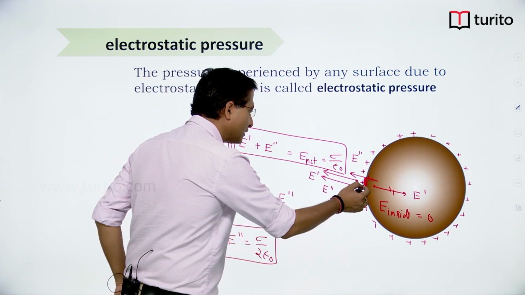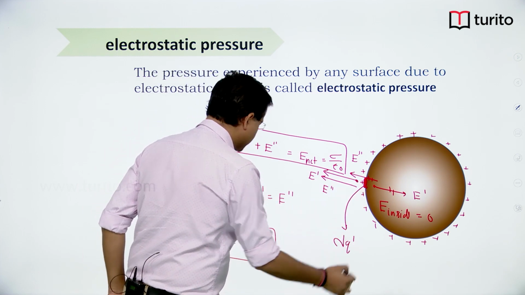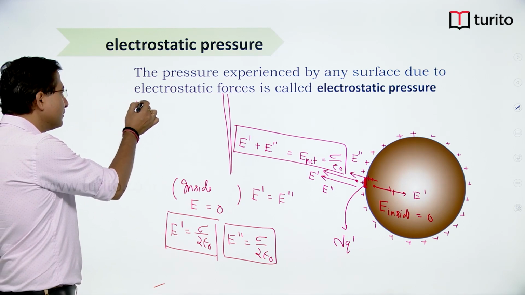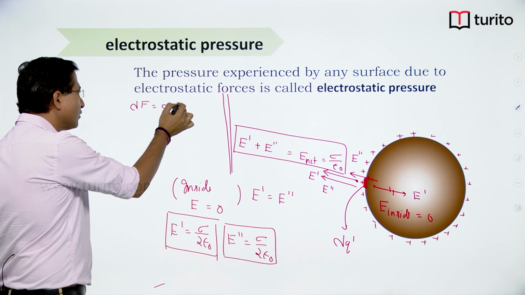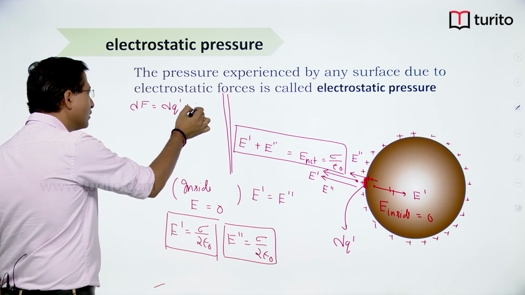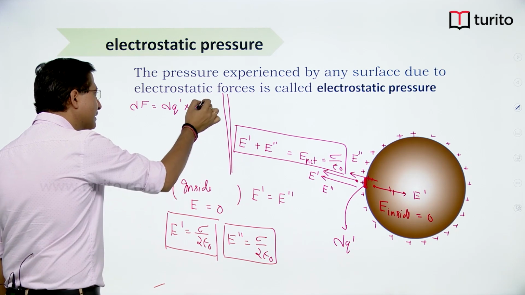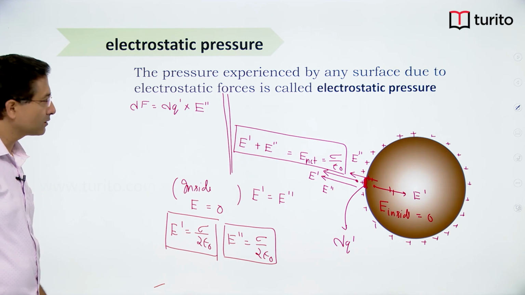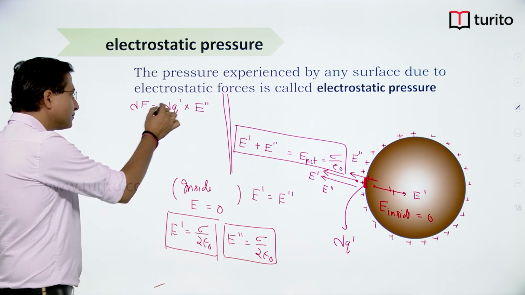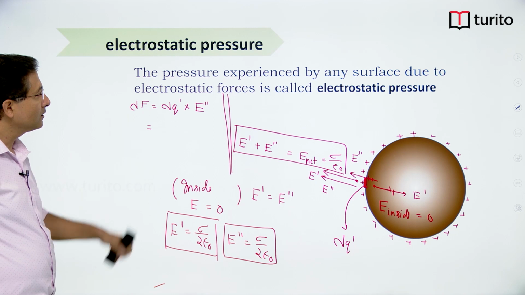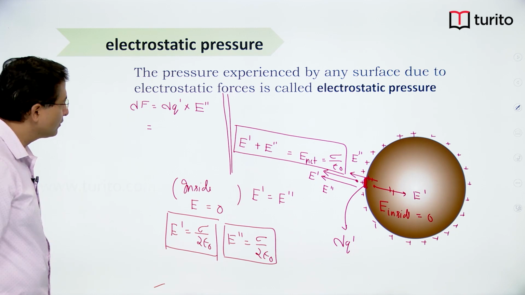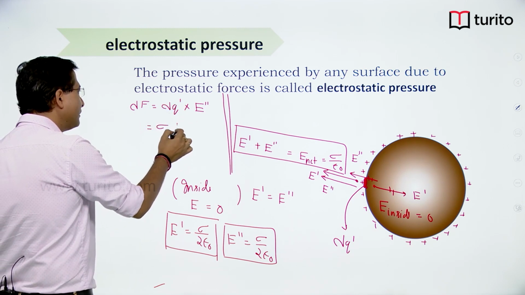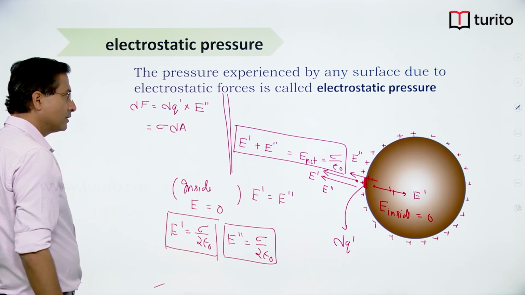So if I ask how much is the force on this element, it is the charge on the element into the field. It is kept in E double dash field, this will be the force. How much is dq dash? Sigma into area, the surface charge density into the area of the element, let us call it d area.